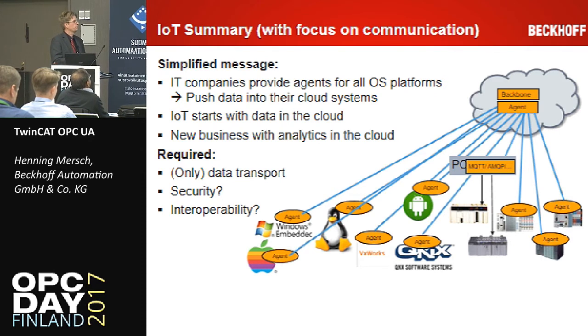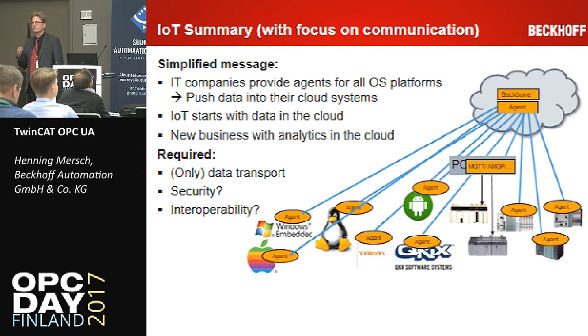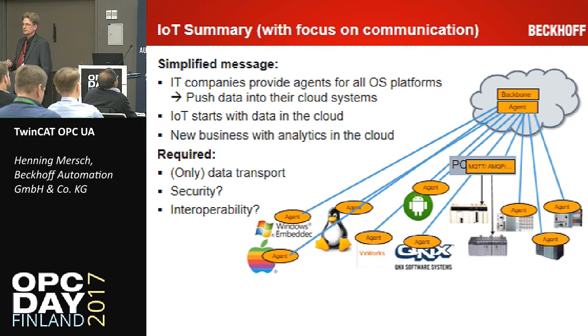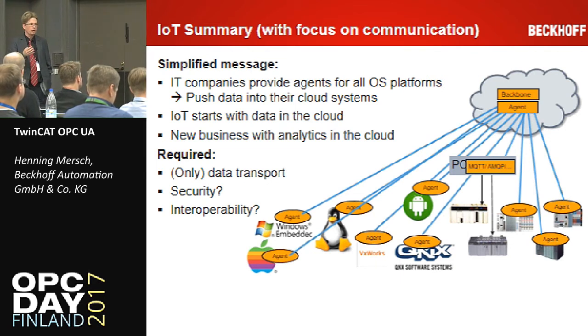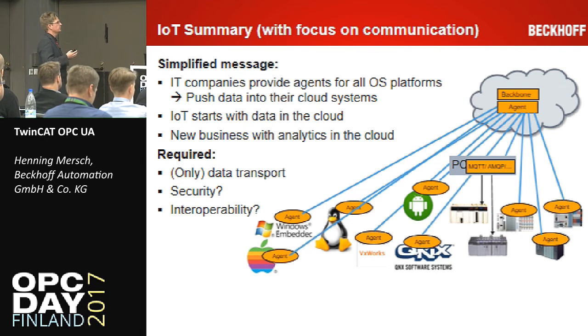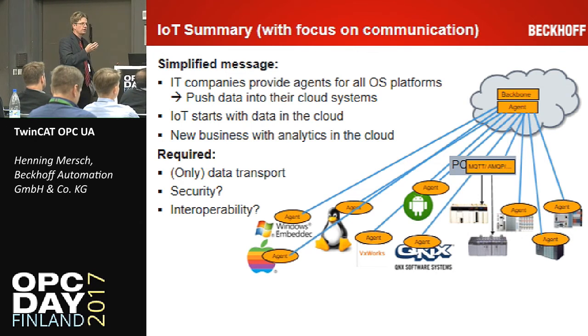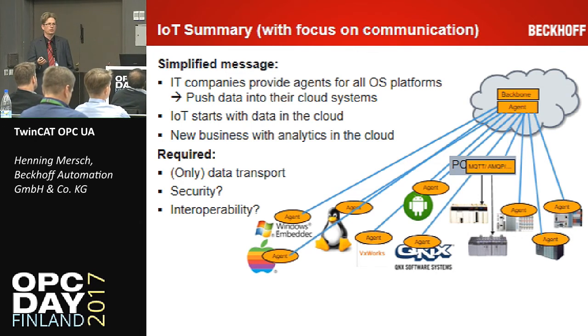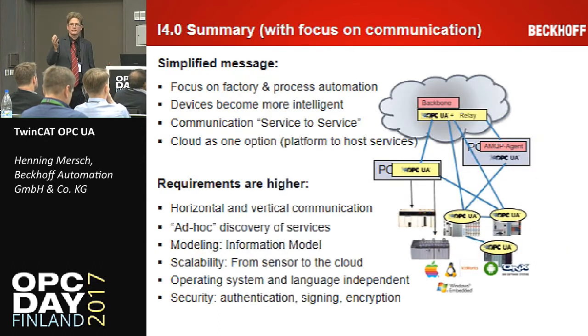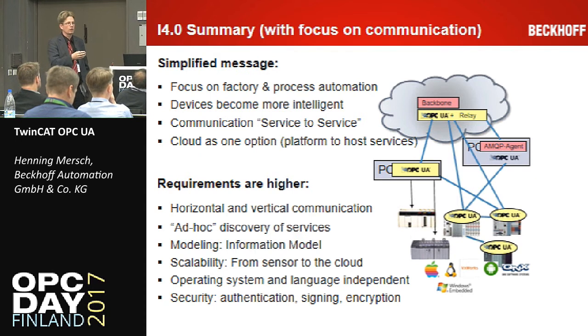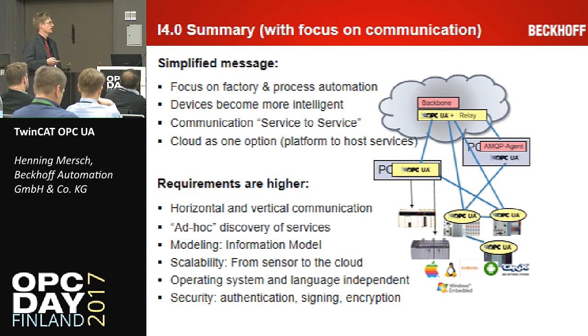But also, which is important for the future, we have discovery capabilities. A PLC, as an OPC UA member of the whole network, needs to be able to discover other devices which are available, either via a broker, a discovery mechanism, or on the network level itself.